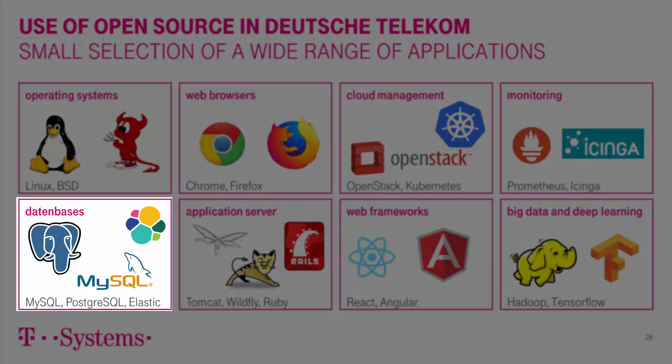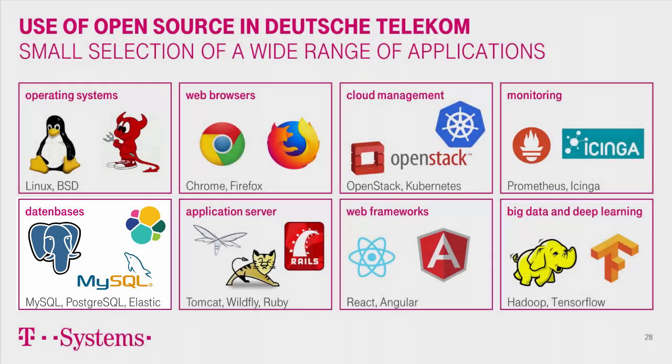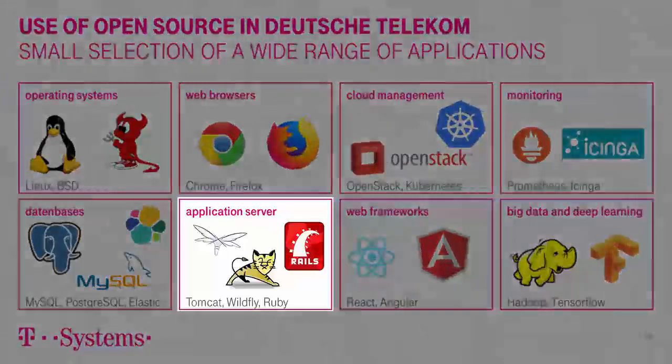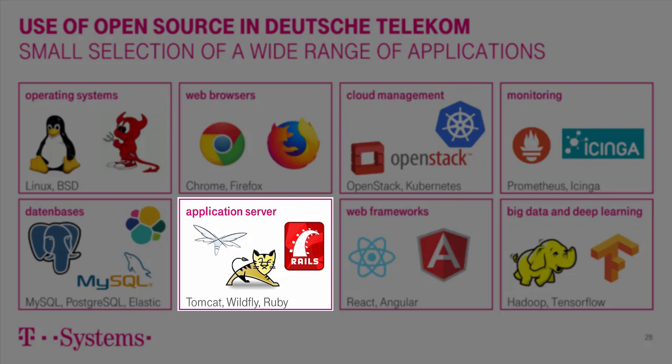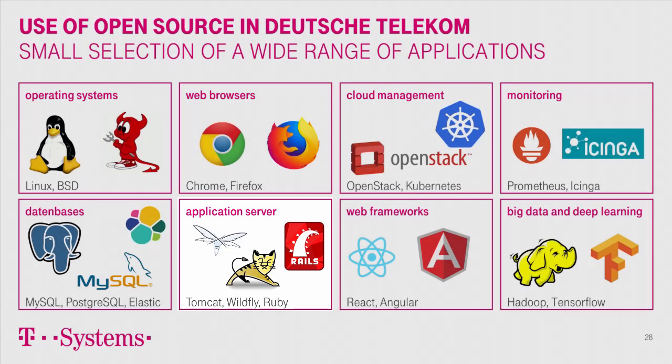Databases like PostgreSQL and MySQL represent the classic relational database types, but also new types of databases like Elasticsearch and many others are developed under an open source license. Application servers like Tomcat, Wildfly, or even the Ruby on Rails framework are all open source based.